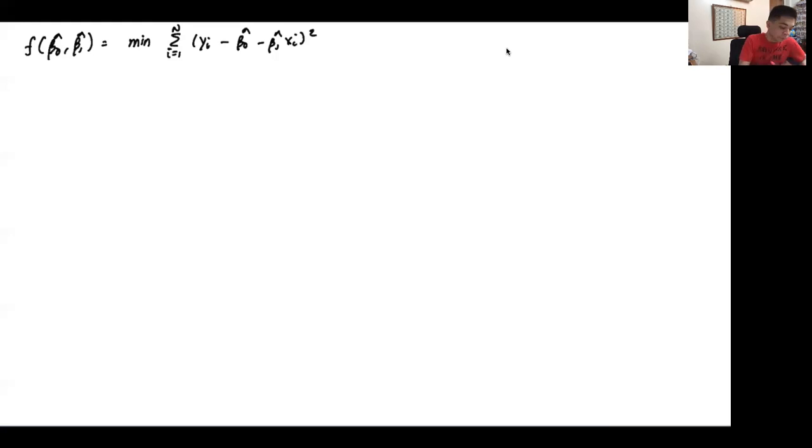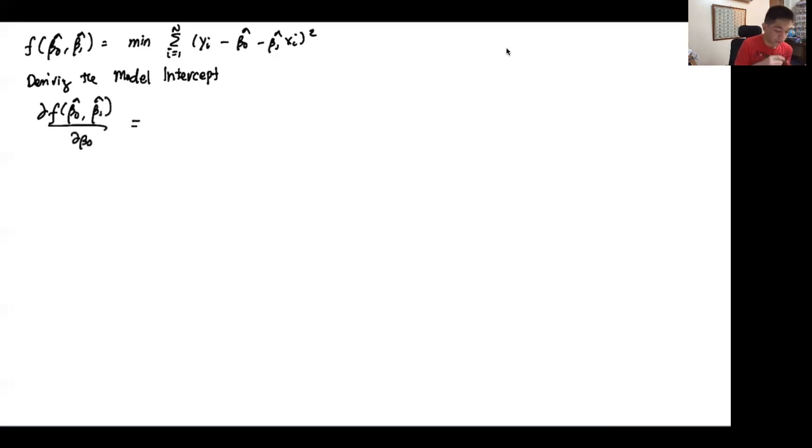So if we derive, okay, deriving the model intercept, what we do first is take the partial derivative of the function with respect to beta 0, right? So what do we get?